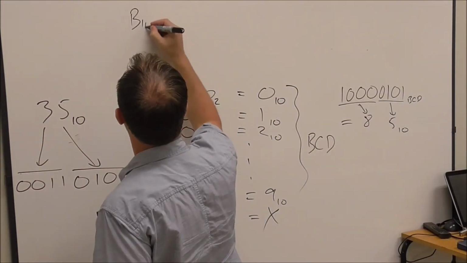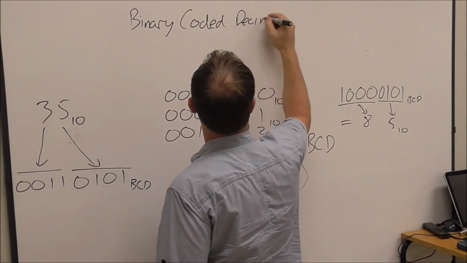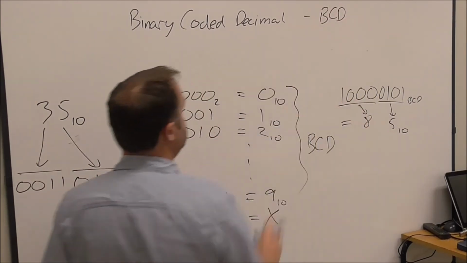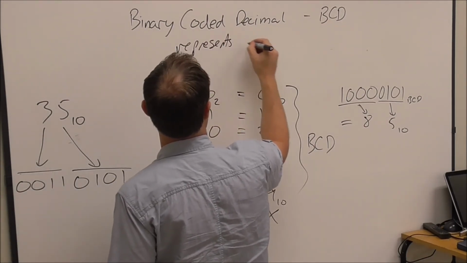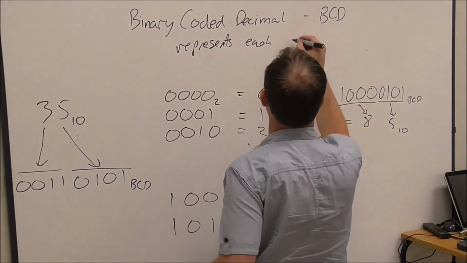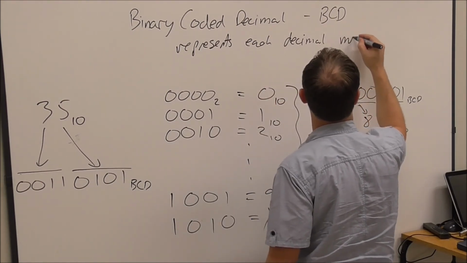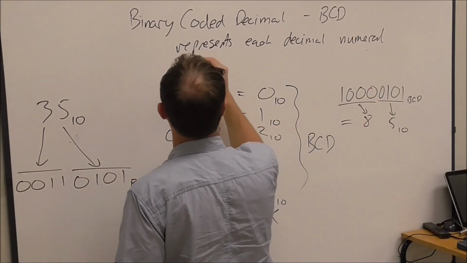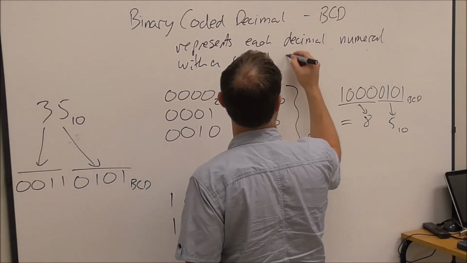So, BCD represents each decimal numeral with a 4-bit binary number.